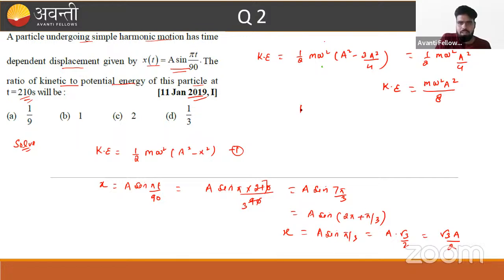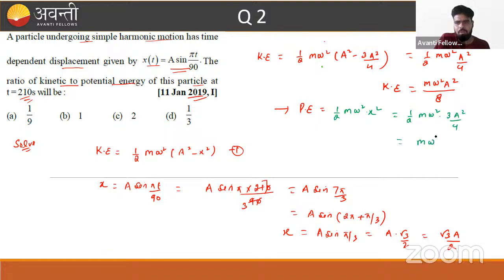Sir, what about the potential energy? What is the formula of potential energy? Let us take another color. Potential energy is half k x square, but we want to write k as m omega square. And what is x square? In place of x we put this value: half m omega square times 3a square divided over 4.